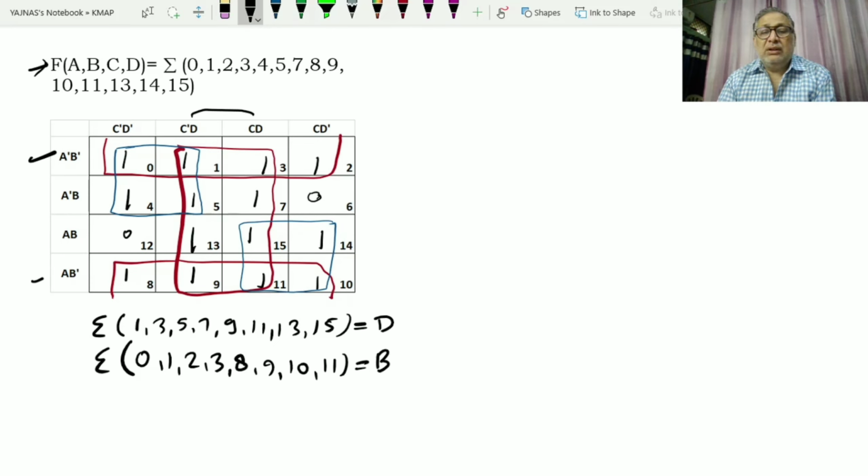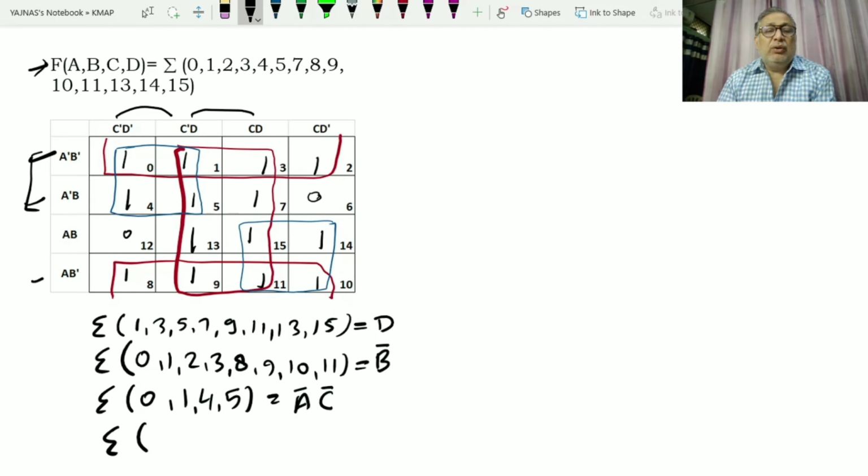So B bar is constant. Then we look for the quad 0, 1, 4, 5. For the 0 and 4, A bar B bar and A bar B, A bar is constant. And here from C bar D bar and C bar D, C bar is constant.